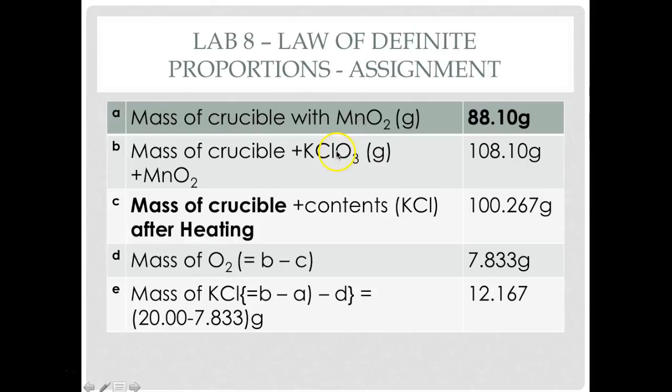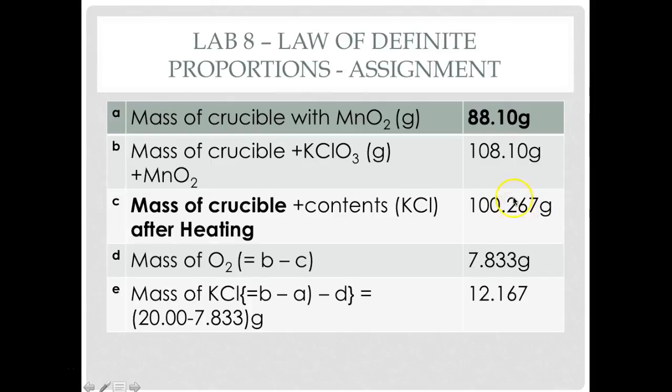That's the amount of KClO3 that you took. Okay. Now, what you're going to do is do the heating step, cool, and then reweigh it. And then when you do that, you can see that the mass has come down as it should. All right. So right now, it's just going to be the crucible, the catalyst, which doesn't get destroyed, and then the KCl. All right. So that's 100.267 grams.